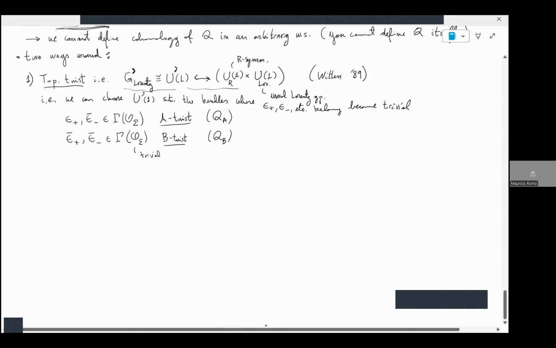There is another way around, which is what will concern us for probably the rest of this lecture and the next. You can do something else.